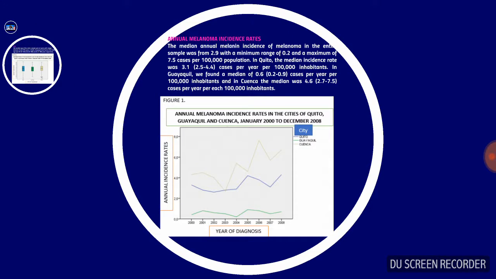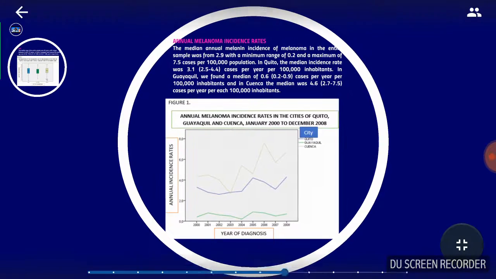Annual melanoma incidence rates. In this table we can see that the median annual incidence of melanoma in the entire sample was 2.9, with a minimum of 0.2 and a maximum of 7.5 cases per 100,000 population. In Quito, the median incidence rate was 3.1, range 2.5 to 4.4 cases per year per 100,000 inhabitants.